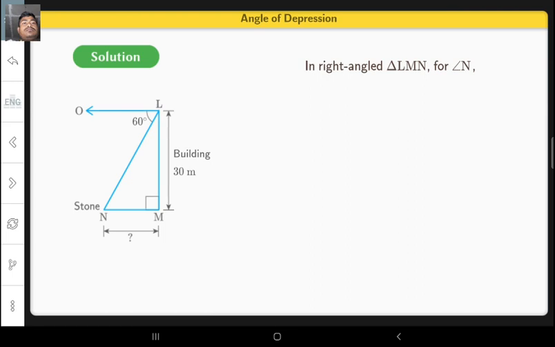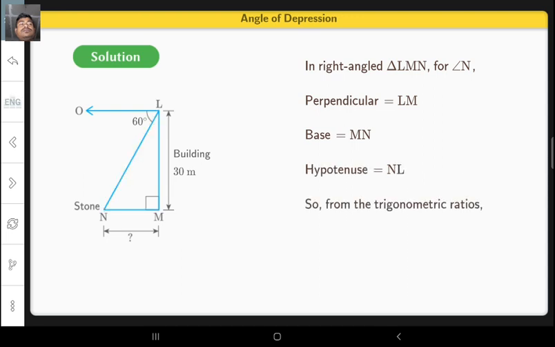Now, in the right-angled triangle LMN for angle N, perpendicular is equal to LM, base is equal to MN, and hypotenuse is equal to NL. So, from the trigonometric ratios, tan N is equal to perpendicular upon base.